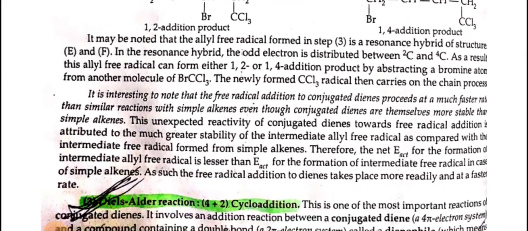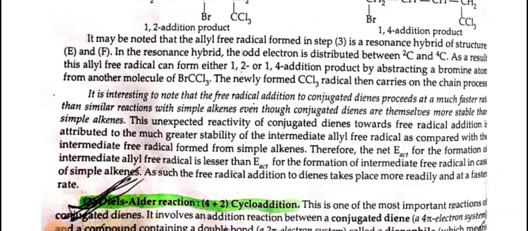It may be noted that the alkyl free radical formed in step 3 is the resonance hybrid of structures E and F. In the resonance hybrid, the odd electron is distributed between C2 and C4. As a result, this allyl free radical can form either 1,2 or 1,4 addition products by abstracting a bromine atom from another molecule of BrCCl3. The newly formed CCl3 radical then carries on the chain process.